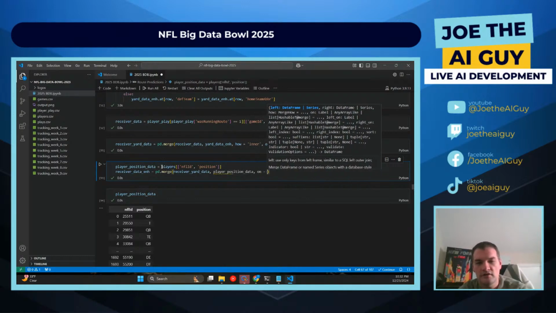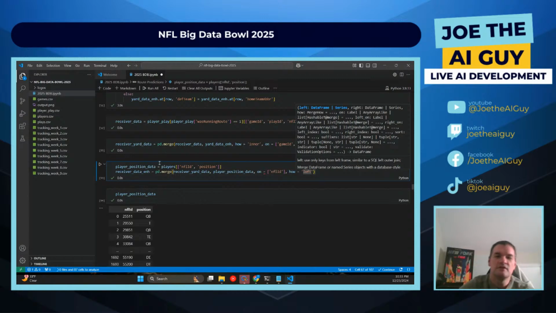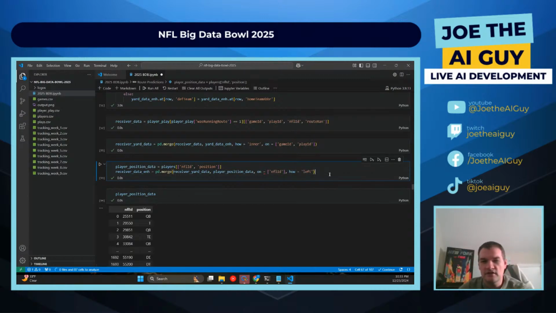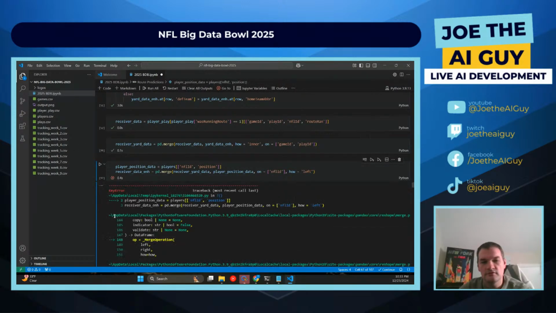We're going to say on NFL ID, how, I think this is a left join, just in case, for whatever reason, that doesn't actually exist in the data set. Argument requires, okay, gotta go back, run this one, run this one.